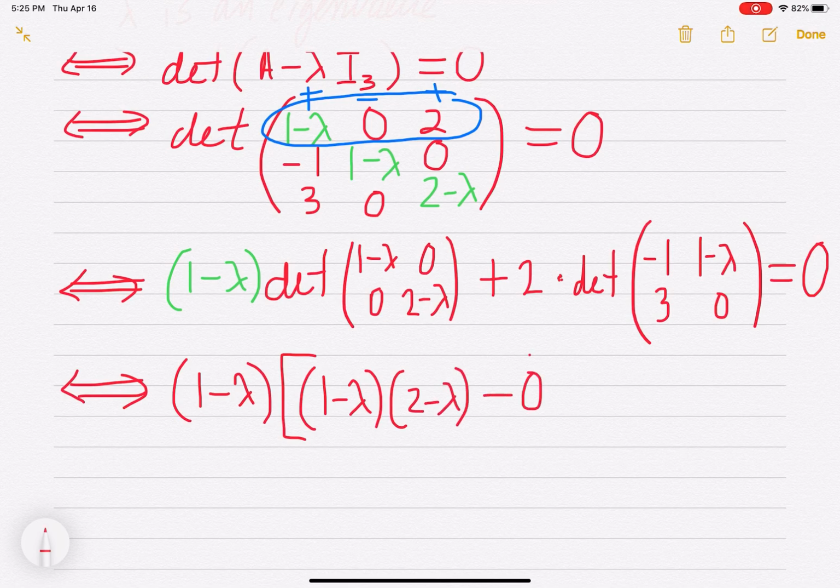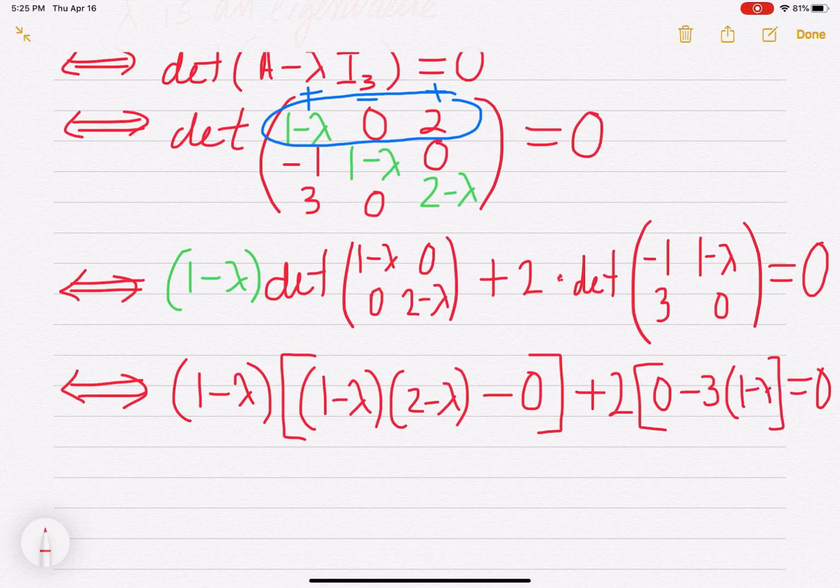That's going up the ascending diagonal. And then here we have plus 2, and we take the determinant of this matrix. Negative 1 times 0 is 0. Minus, and then we multiply up the ascending diagonal, it's going to be negative, so minus 3 times 1 minus lambda.